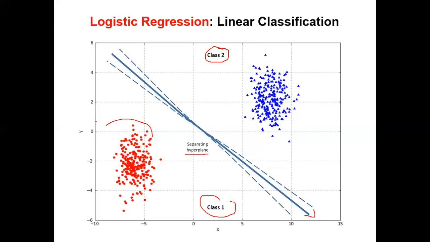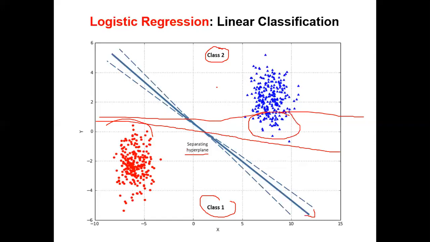This other line can be one solution too, and it also divides the data points into two classes, but these points will be misclassified. Even though the class of these data points is class 2, this hyperplane will classify them as class 1. So misclassification is there.